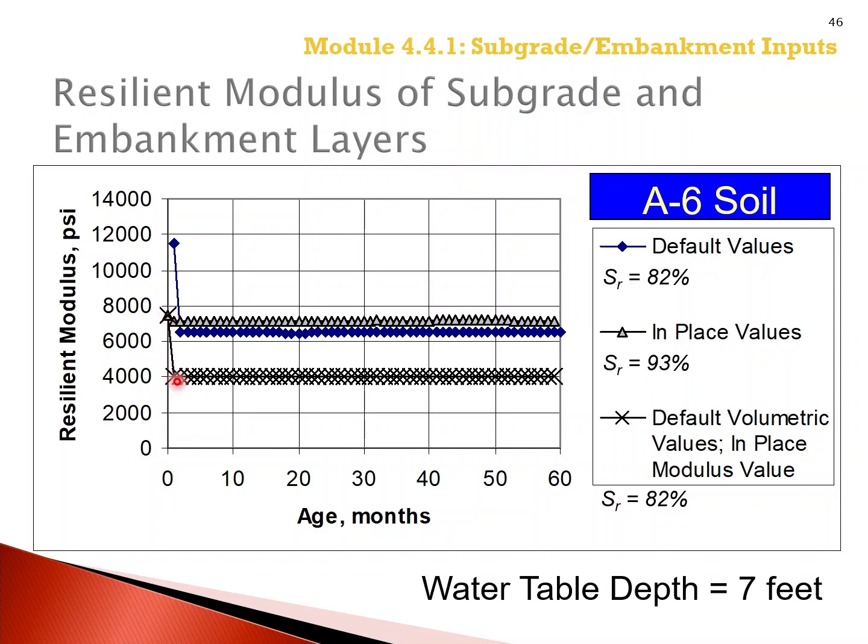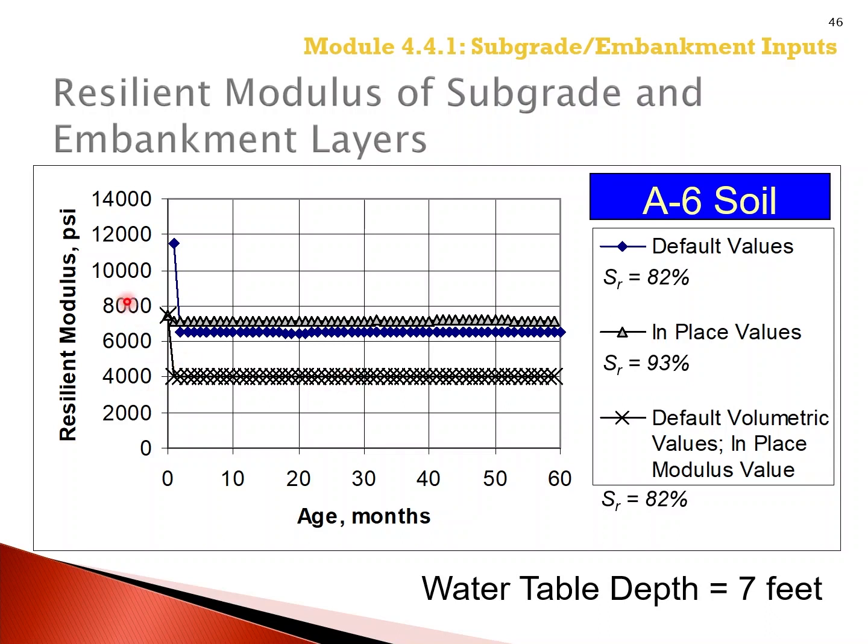So that value gets reduced further because the degree of saturation increases through the EICM over time. The resilient modulus is reduced to a value of about 3,800 because the program is linking 82% degree of saturation to a resilient modulus of 7,200. So we way underestimate the resilient modulus of the subgrade and will overestimate rutting, overestimate fatigue cracking, and other load-related variables.